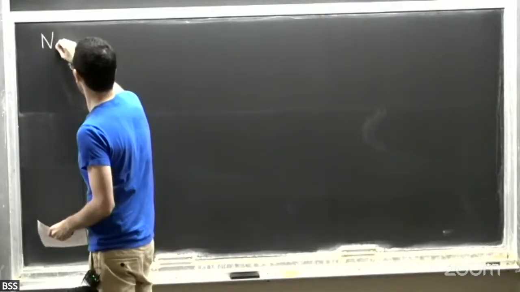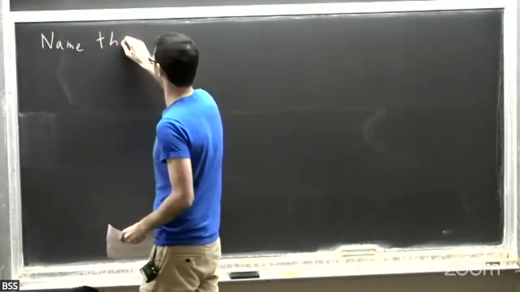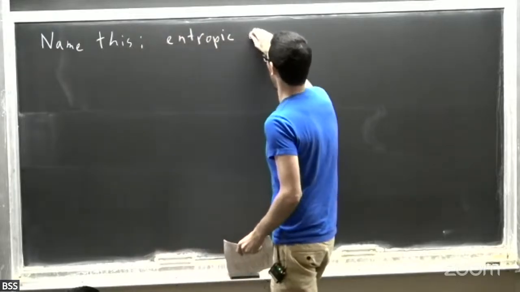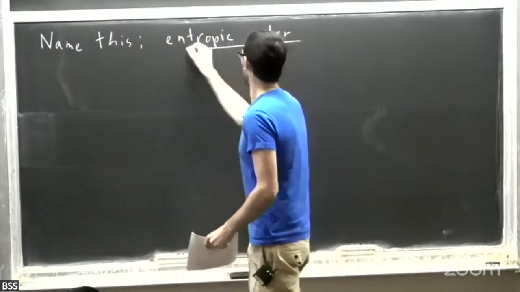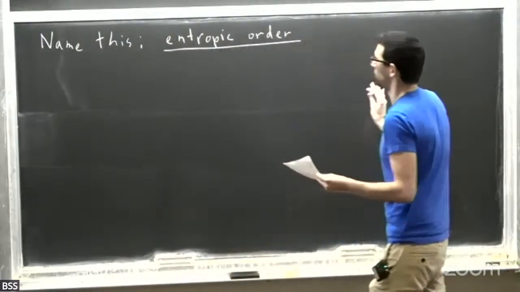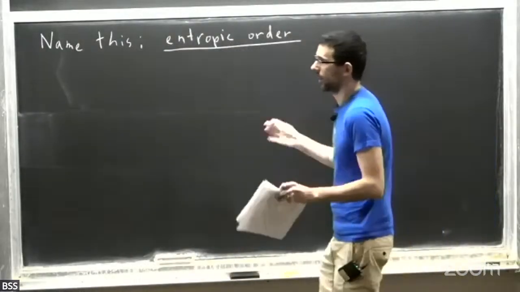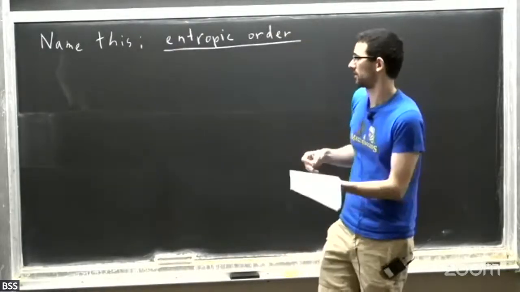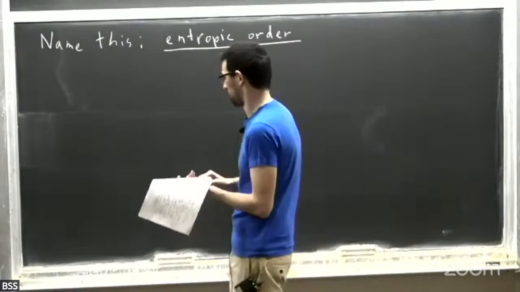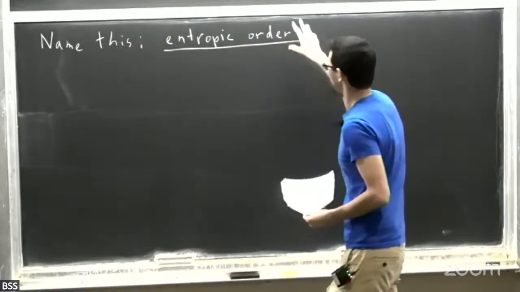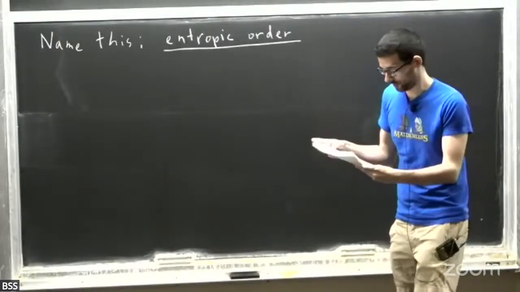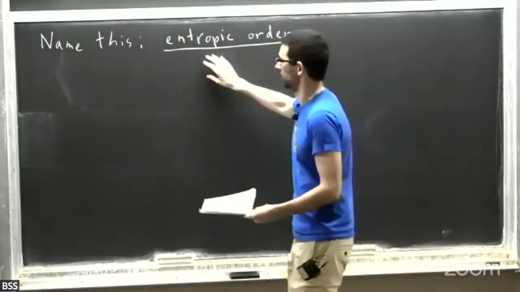We're going to name this phase an entropically ordered phase. I think it's very reasonable to argue that all of the other examples of reentrance that we talked about yesterday, like the Pomeranchuk effect, Rochelle salt, and so on, are also manifestations of entropic order, just at intermediate temperatures. But let me explain why we give it this name.